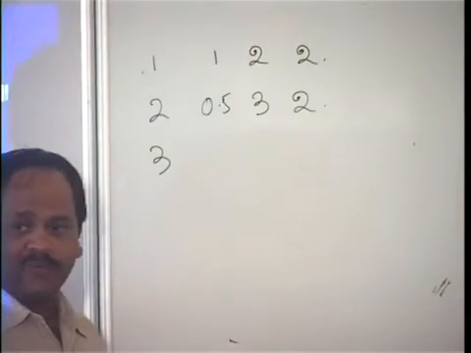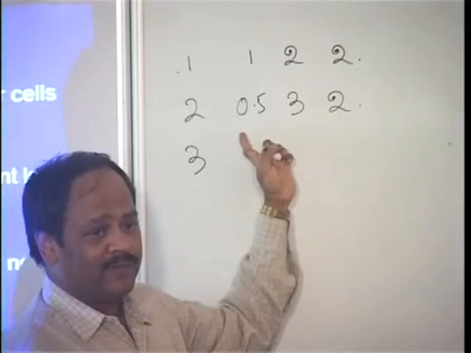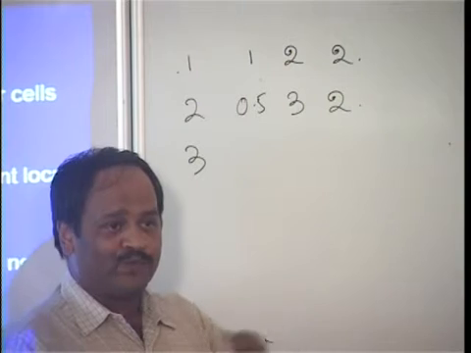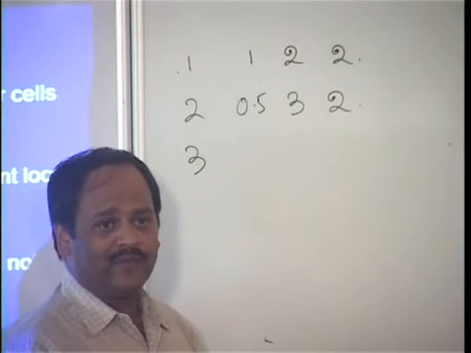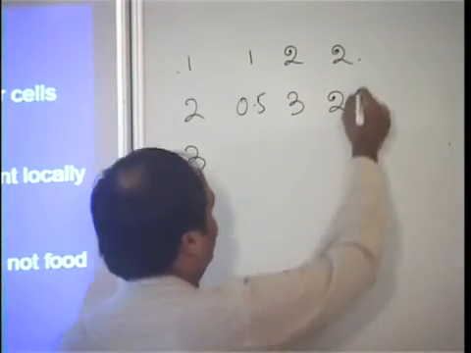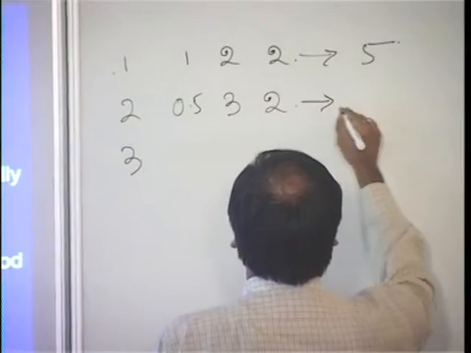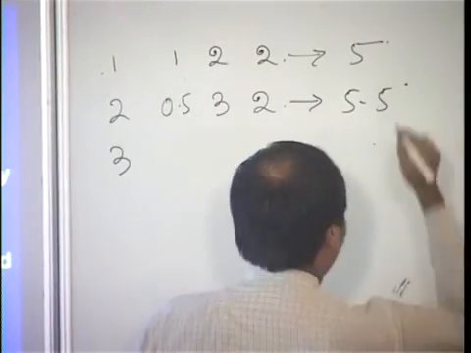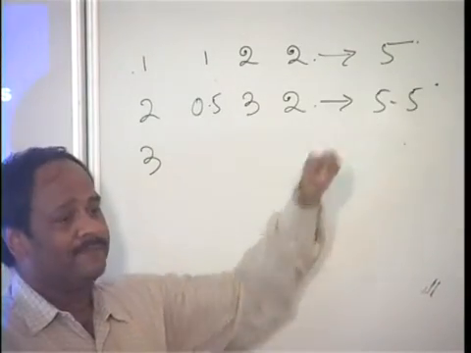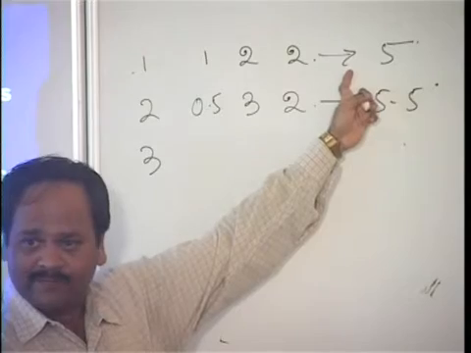So suppose there are two bacteria. One is 1, 2, 2 and another is 0.5, 3, 2. If I am going by the food concentration, then which bacteria will be strong? First one sums to 5, second one sums to 5.5. So I will suggest considering the first one, right?